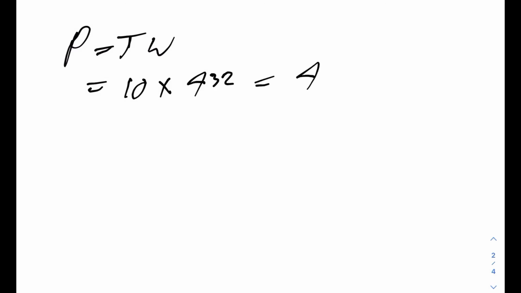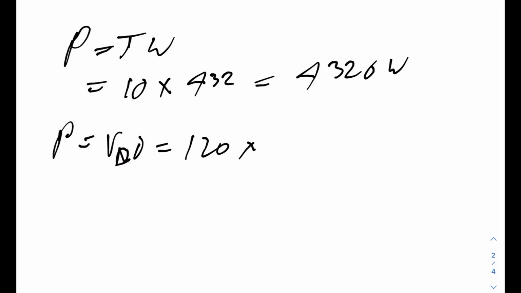So the answer will be what? 4,320 watts. The power out of the battery, P battery, equals what? V battery multiplied by I. Okay, volts multiplied by current. 120 multiplied by 40. So the answer will be what? 4,800 watts.